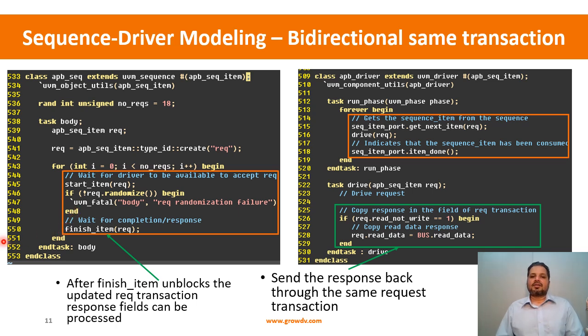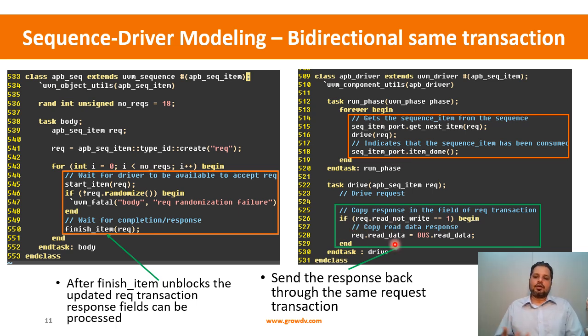But if I do the same on the line after 550, let's say I push this end down by one line, and on 551 I put the $display and display the request.read data, then it will be valid. Because after the finish item has been unblocked, it means the response handshake has been completed. And within the same handle, we have copied all the response fields.